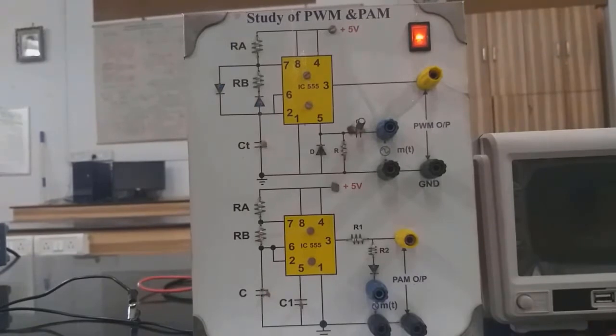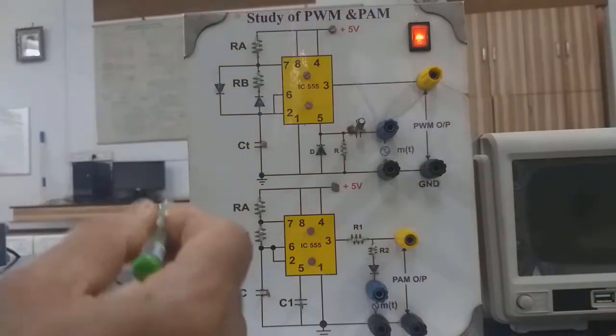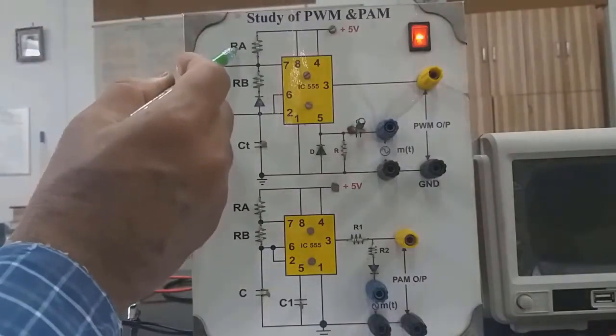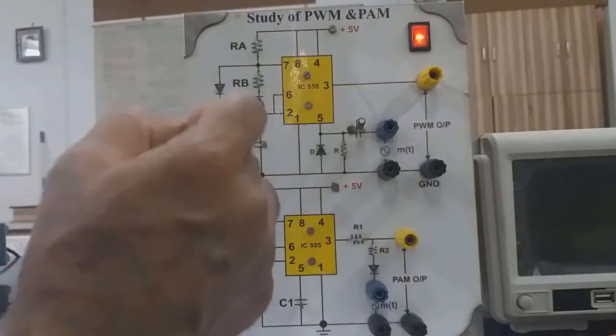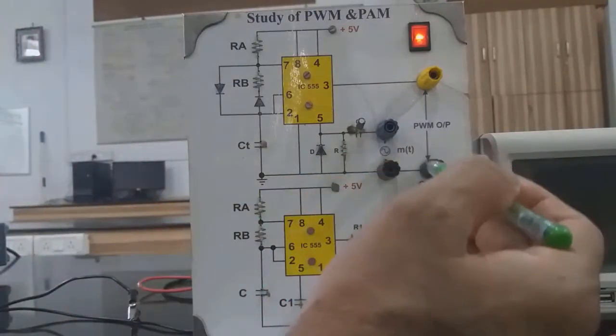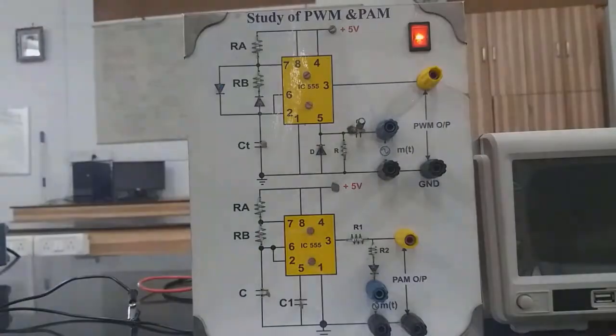Means it generates a train of square wave pulses continuously once the supply is switched on. The frequency of the square wave pulses is determined by the formula F equal to 1.44 divided by (RA plus twice RB) into CT, this timing resistor CT. There will be the output waveform having the frequency F.